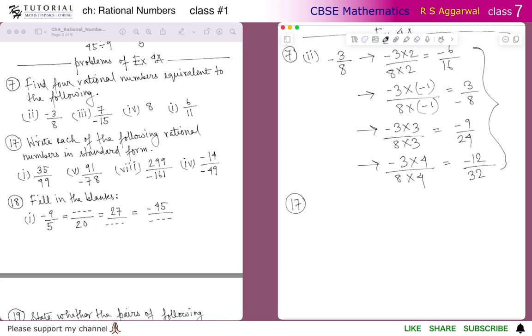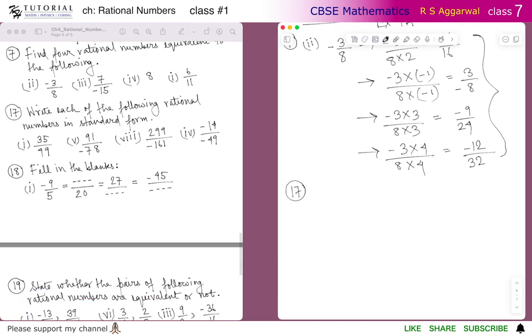Let's do problem number 17. Write each of the following rational numbers in standard form. First one is 35 by 49. So what are the conditions? How do we make a rational number in standard form? We first see if the denominator is less than 0. It is not, so step 1 is not needed. Now we have to find the HCF, highest common factor, of 35 and 49, which is 7.